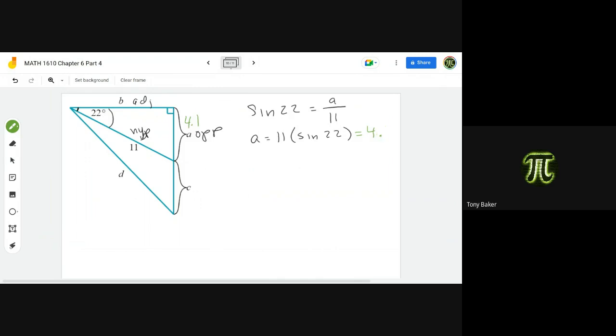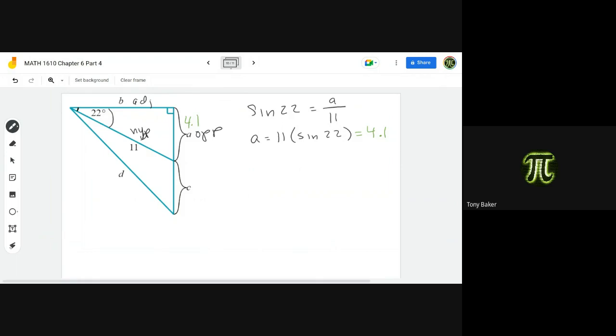All right, find me B. So are A and C the same size?